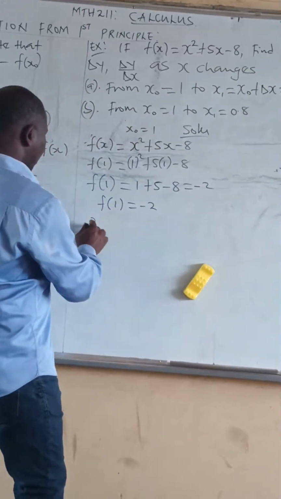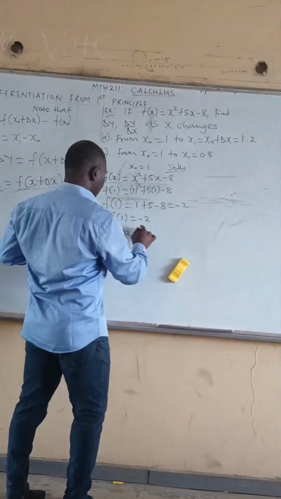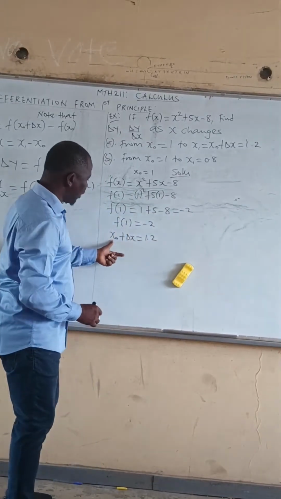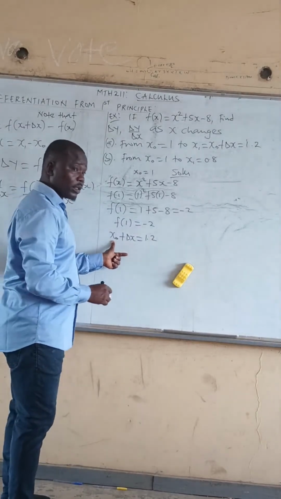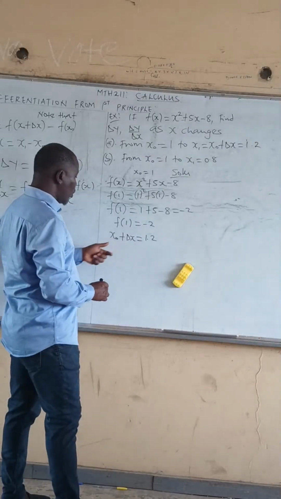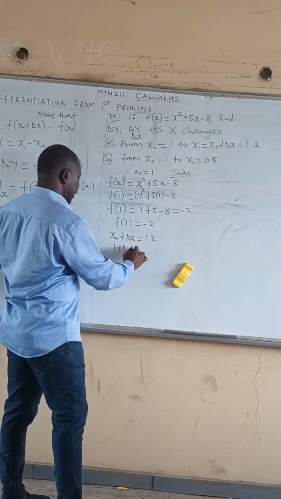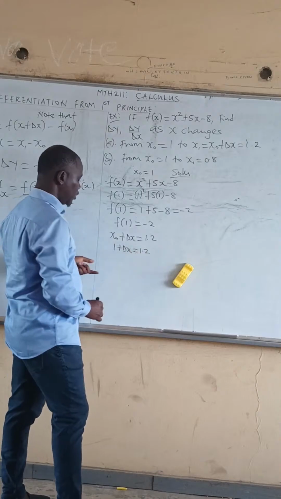So it means our x0 plus dx is equal to 1.2. What is our x0? 1, right? So it means 1 plus dx is equal to 1.2.